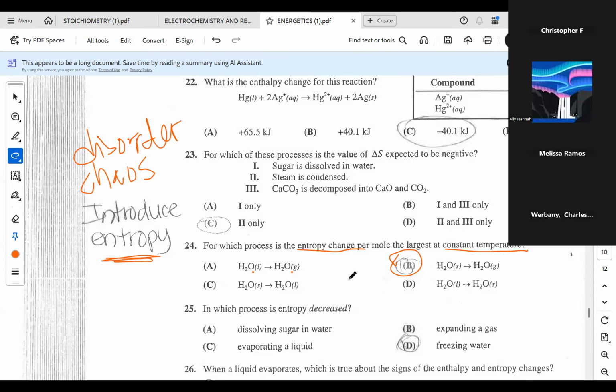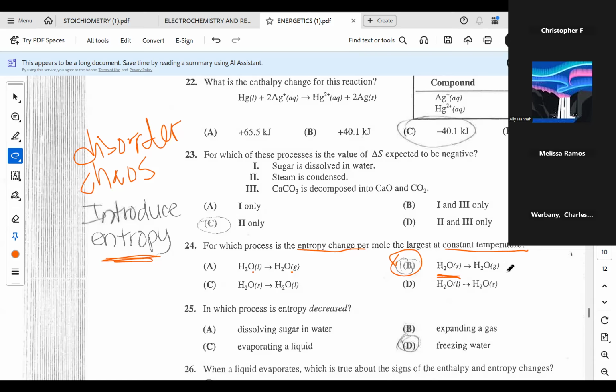So if we thought about the order of a solid, how the molecules are arranged, so ice in this case, we would have these nice ordered crystals in our ice. And then when we turn into gas, we know that our molecules are spaced out, they have a high energy, they're moving around.